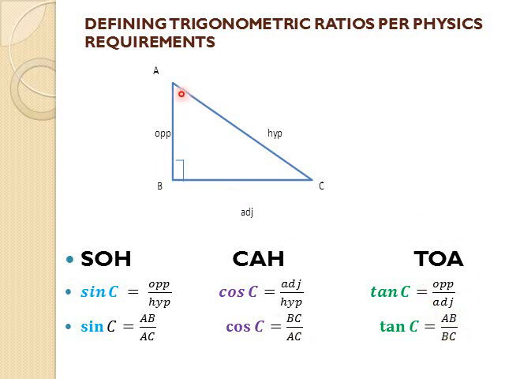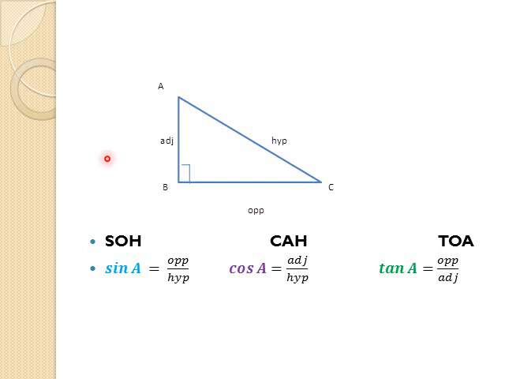But what happens if we decide to work from A? See, if I work from A, it's no more adjacent, it becomes opposite, right? So if we say now in this next set, we want the trig ratios, we still work with SOHCAHTOA, right?